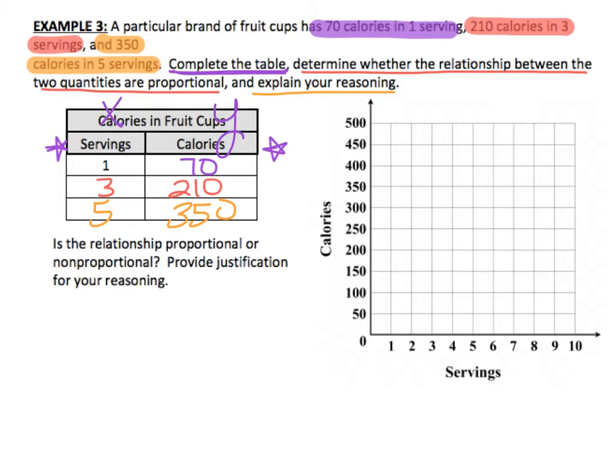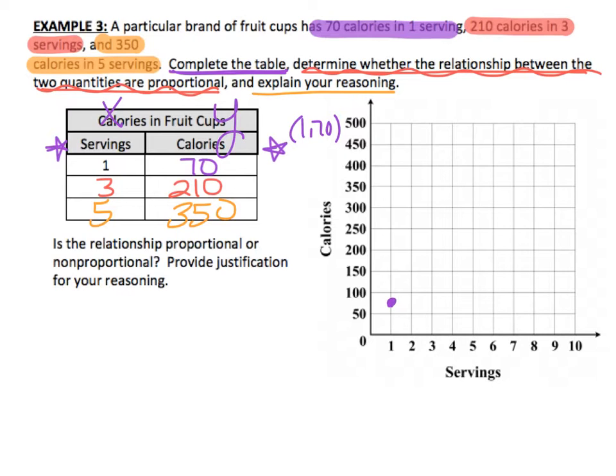So we can go ahead and graph these points on our table to figure out if our relationship is proportional. We could calculate it from the table, but sometimes it's easier just to look at the graph. So we have the point 1, 70. 1 serving is 70 calories.